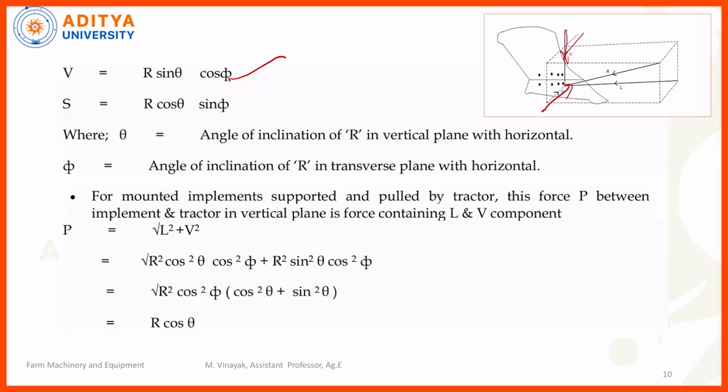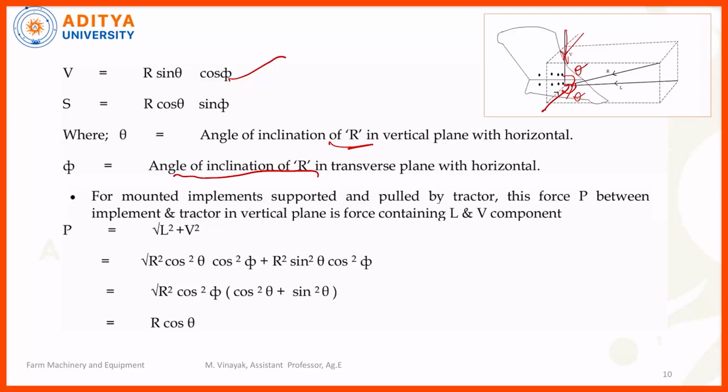Where theta is the angle of inclination of the resultant in the vertical as well as horizontal plane. Okay. So, this one is theta, this one is theta. Next, phi is nothing but the angle of inclination of the resultant in the transverse plane with the horizontal.